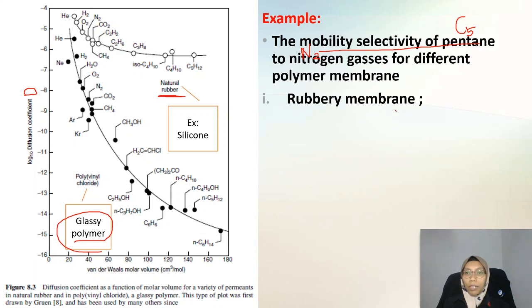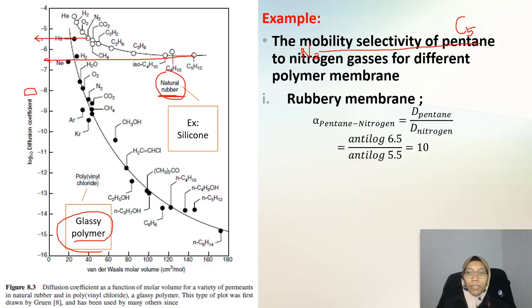If we are talking about the rubbery membrane, where is C5? Something here. D of pentane to nitrogen. Where is your nitrogen? Your nitrogen is here. This one is log 10, so we take the anti-log of 6.5, divided by the anti-log of nitrogen, around 5.5. We got it as 10.